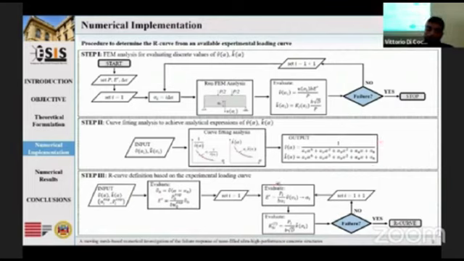So at the beginning, the initial value of the shape function V and the effective elastic modulus are evaluated. After that, the relative crack depth for all points of the measured load displacement curve are evaluated. Finally, the critical stress intensity factor for all relative crack depth values are evaluated and used to derive the R-curve.